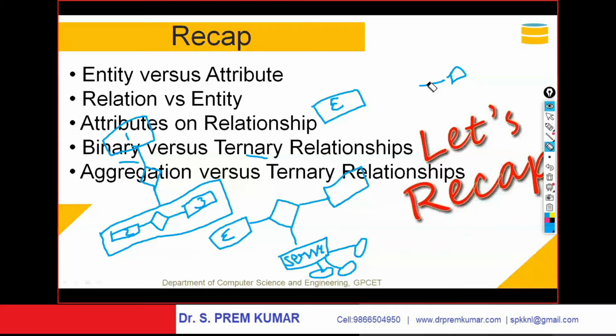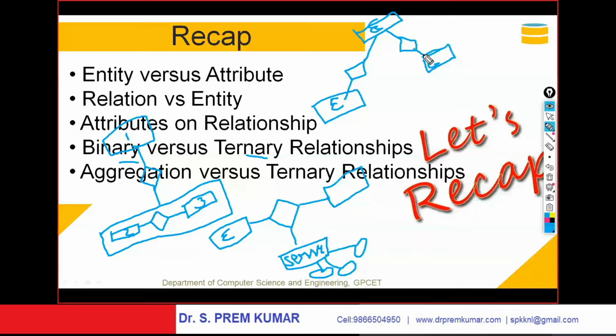Suppose this is one entity, this is another entity, this is another entity. This entity got related to this entity, and to this entity, and these two entities are related.